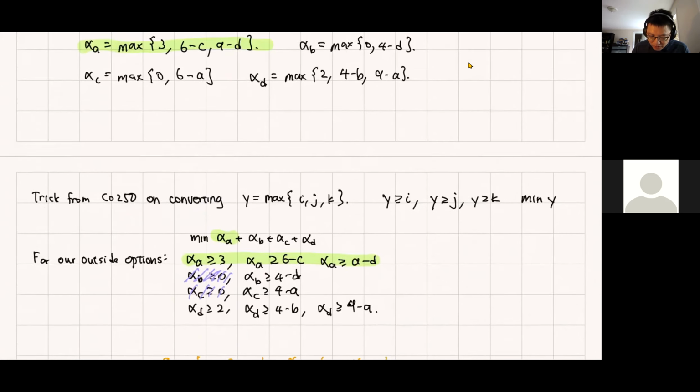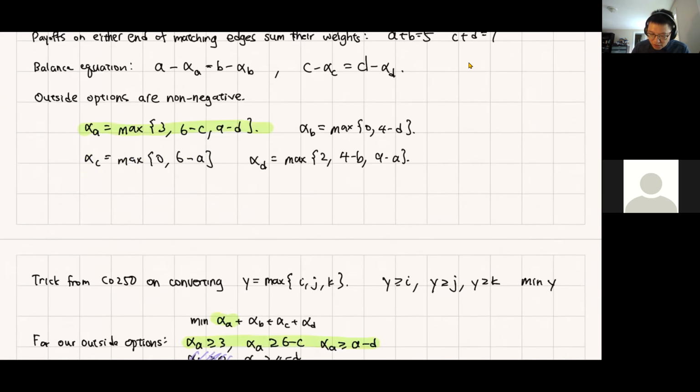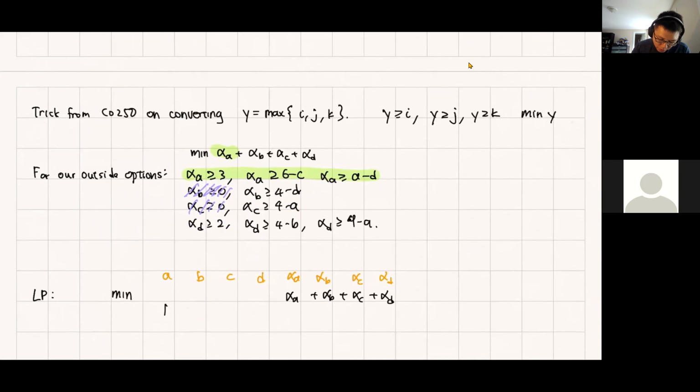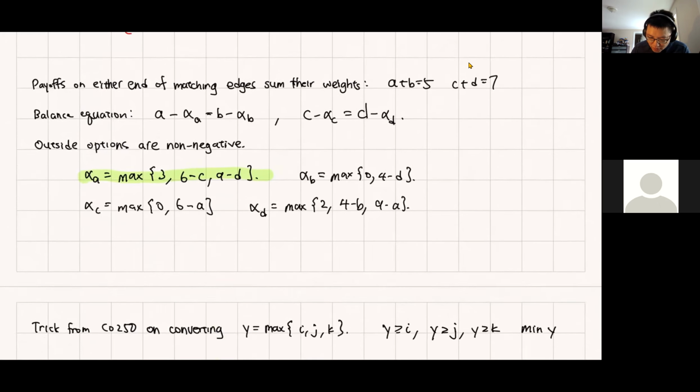A plus B is equal to 5, and C plus D is equal to 7.